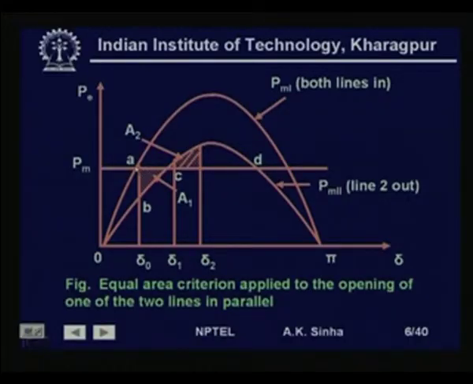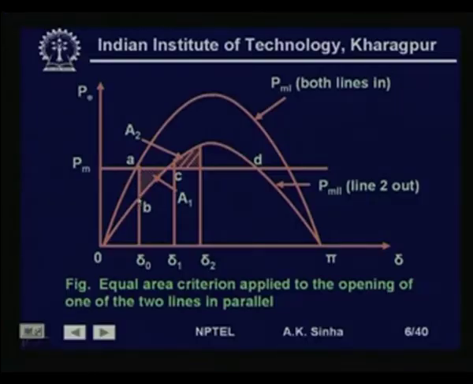Now, suddenly when one of the lines, that is the line with reactance x 2, is tripped, the operating point will shift from this point to this point B, because the power angle characteristics change. The electrical power output is going to change, because the transfer reactance is now different.